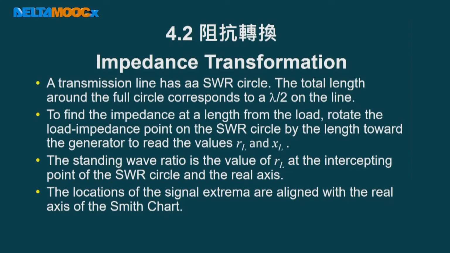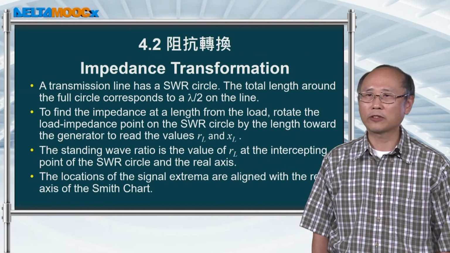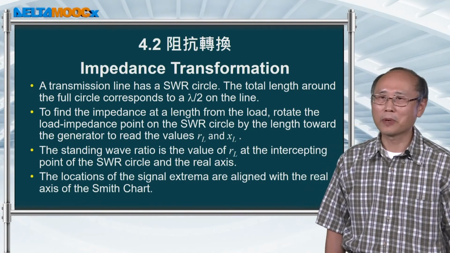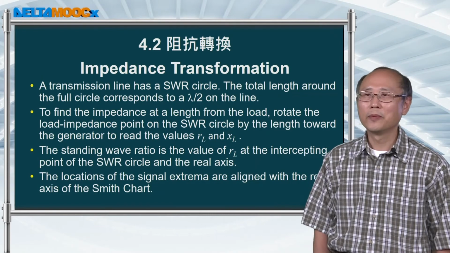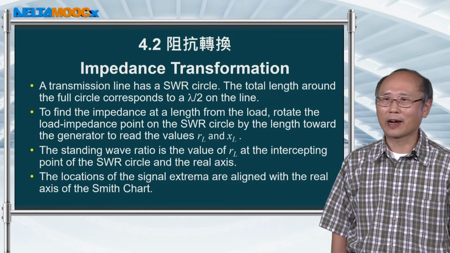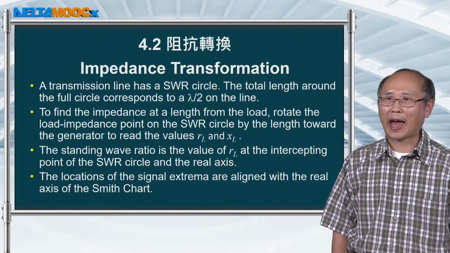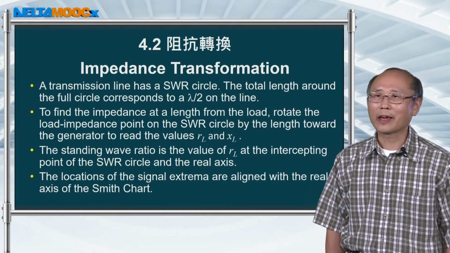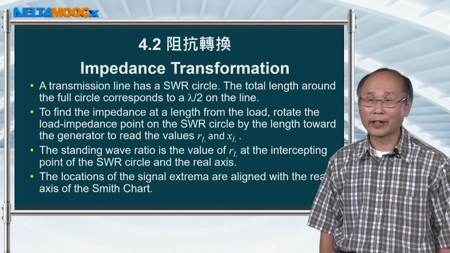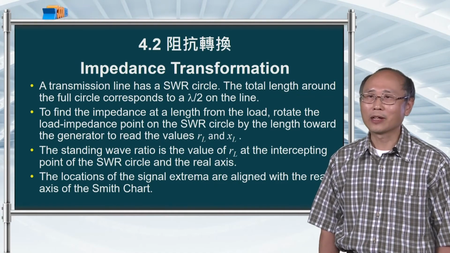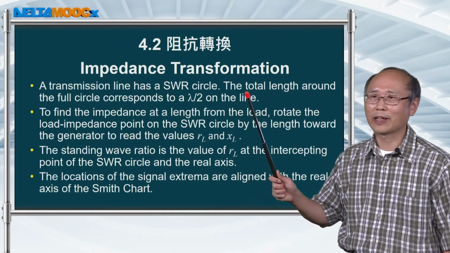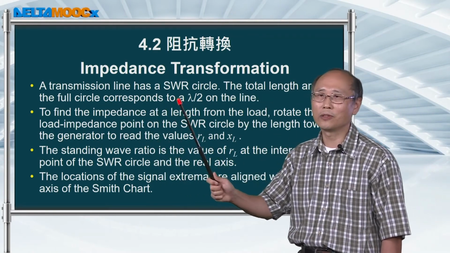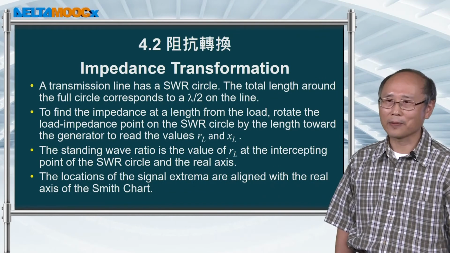Now I want to summarize a little bit for this session 4.2, and the theme of this session is about impedance transformation, because quite often we want to decide the input impedance at a particular location on the transmission line, and the location is related to the length of the line. So the first thing we need to understand is that the total length around the full circle corresponds to a half wavelength on the line.